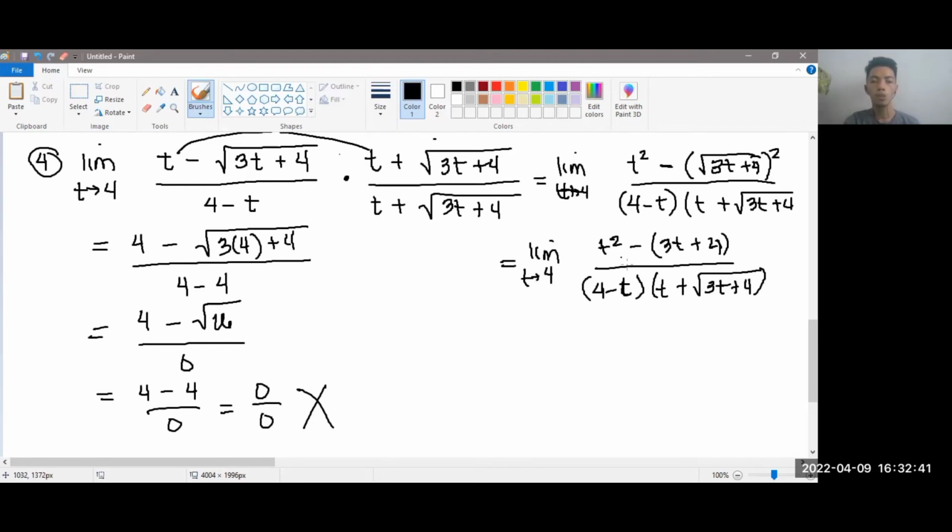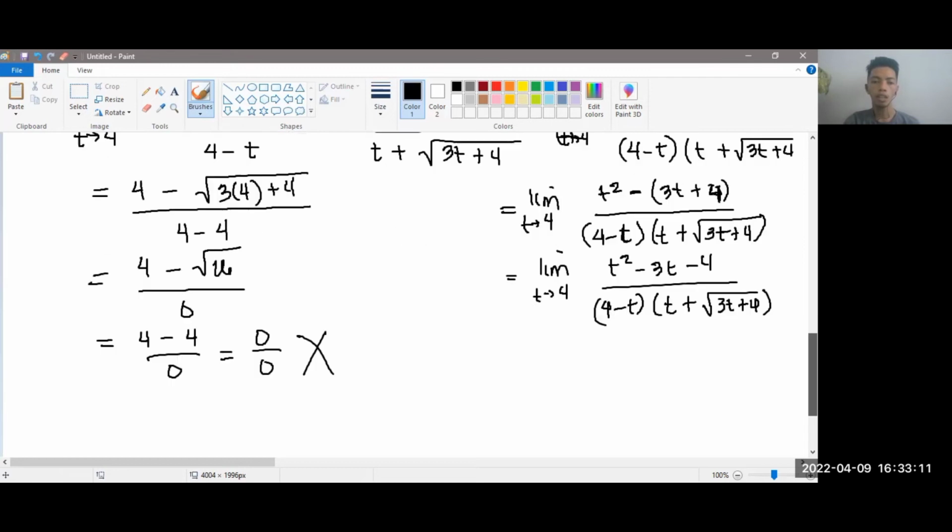Ngayon, class, yung nandun sa taas, i-distribute mo yung negative doon sa naka-quantity. So, magkakaroon ka ng limit of t squared minus 3t minus 4 all over 4 minus t times t plus square root of 3t plus 4 as t approaches to 4.